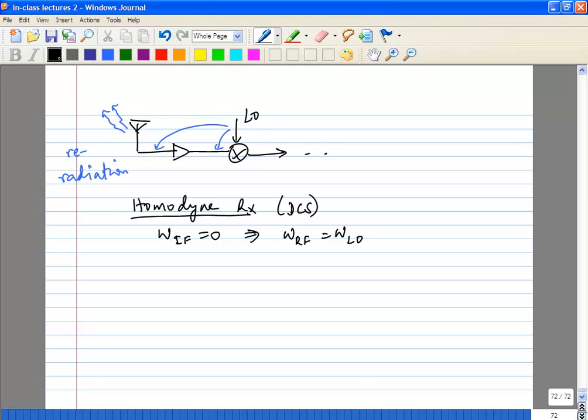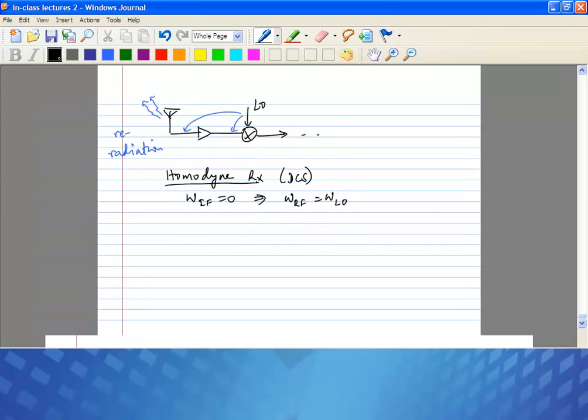The major characteristic of these receivers is that the IF frequency is 0. So you don't go from RF to IF and then to baseband in the receiver. You would go directly from RF to baseband. So your IF frequency is 0, which means your LO frequency is the same as your RF frequency. Then what happens?